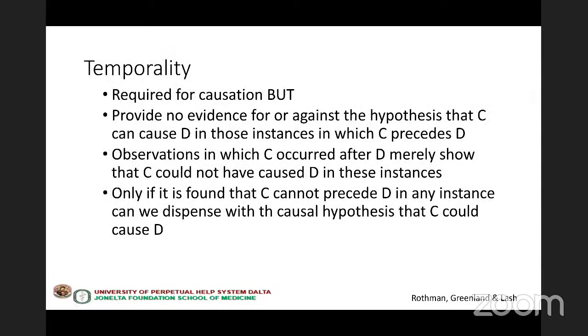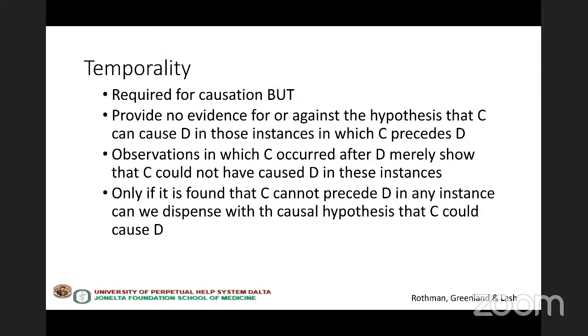Then you have temporality. Temporality is required for causation, but they provide no evidence for or against the hypothesis that C, for example, can cause D in those instances in which C precedes D. So observations in which C occurred after D merely show that C could not have caused D in these instances, if it happens to go the other way around.